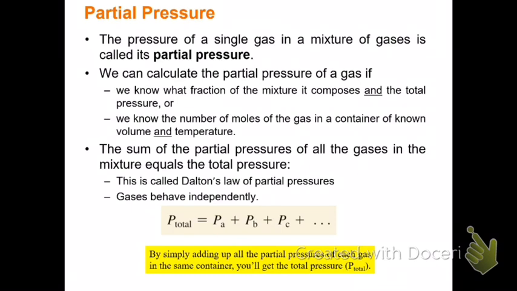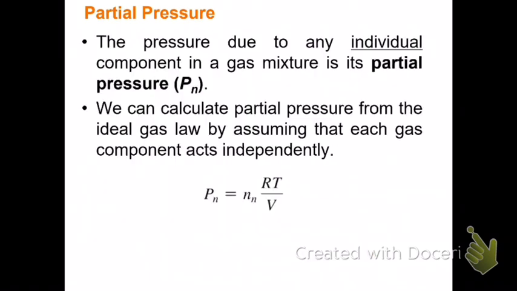So partial pressure can be calculated using this equation at the bottom. The pressure due to any individual component in a gas mixture is its partial pressure, and we give it the symbol P sub n for partial pressure.